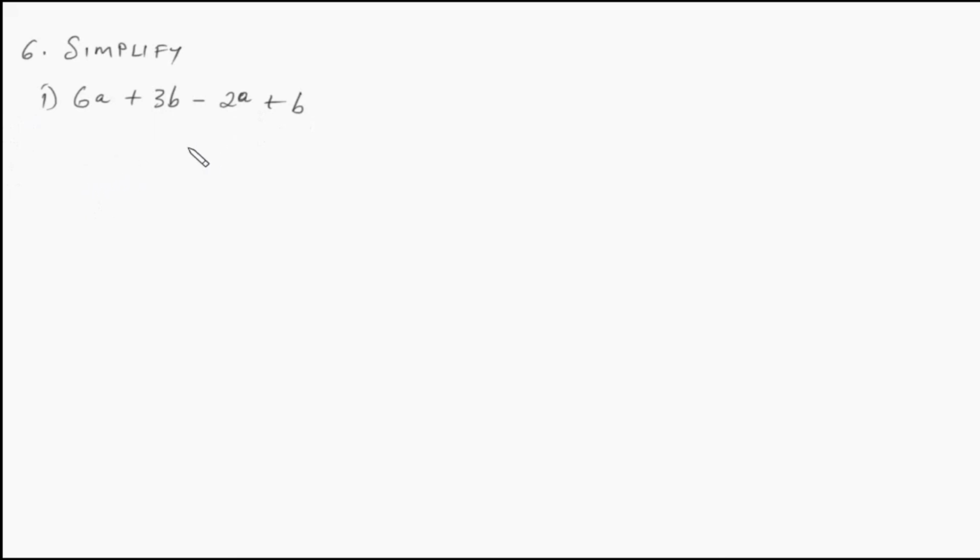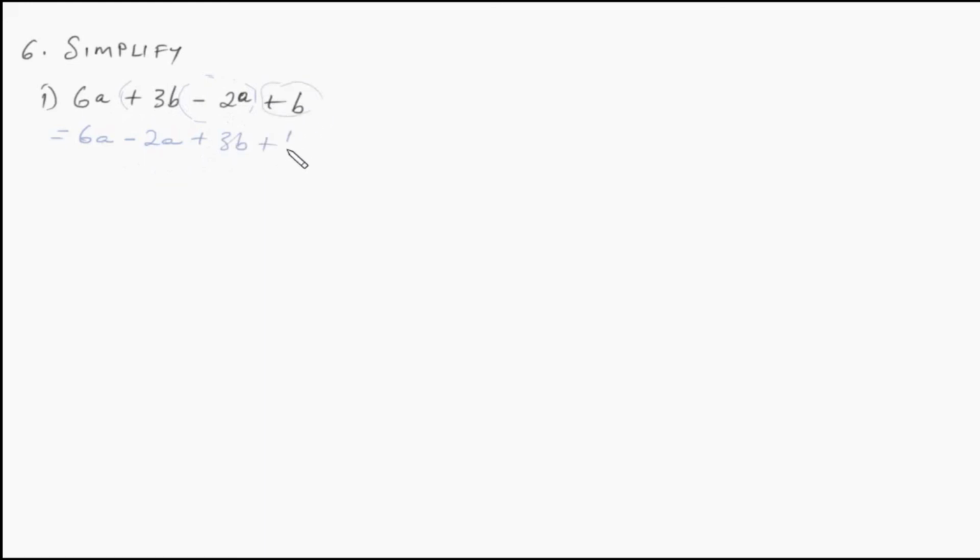When you simplify, you collect like terms. So you have a's and b's here. 6a's minus 2a's, 3b's plus b. So let's put the a's together. We are going to have 6a minus 2a. You take this with the sign just before it. Then you take this one, which is plus 3b, and then you take this.